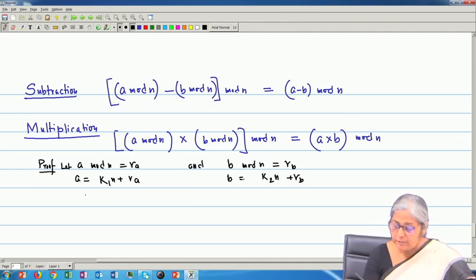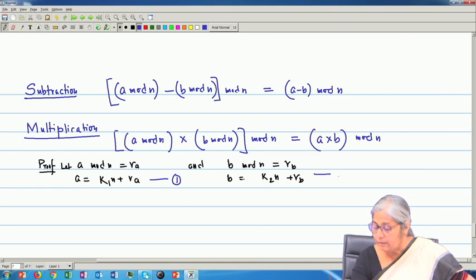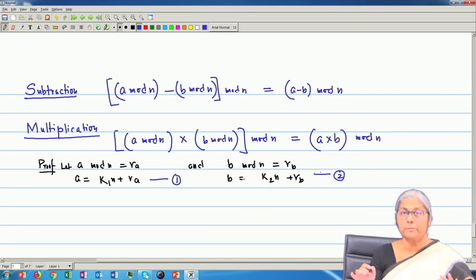Now, what is my A B? When we proved the addition property, we took the sum of equations 1 and 2. Now, we have to multiply.